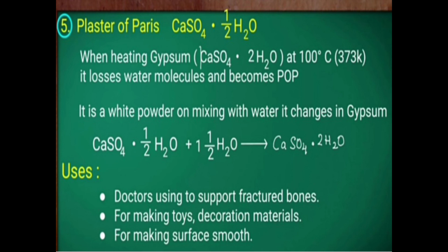Plaster of Paris is a white powder. Now on mixing this plaster of Paris with water, it gives us gypsum. When heating gypsum at 100 degrees Celsius, or we can say 373 Kelvin, it loses water molecules. From 2 water molecules, it loses 1.5, that is, it loses one and a half water molecules, and it produces POP.